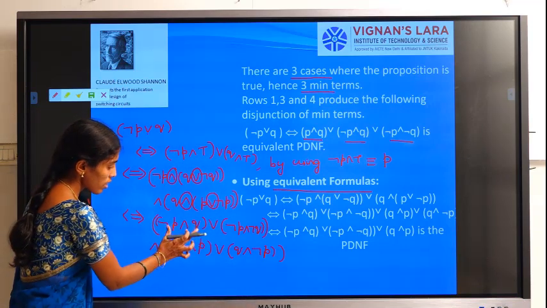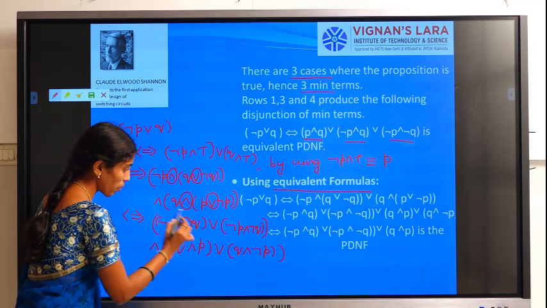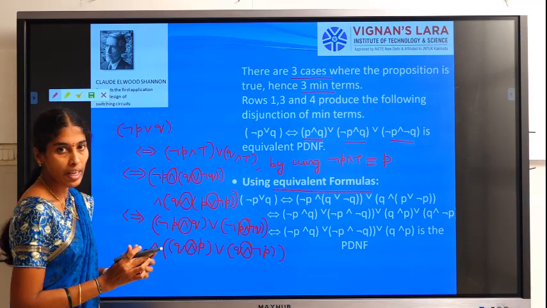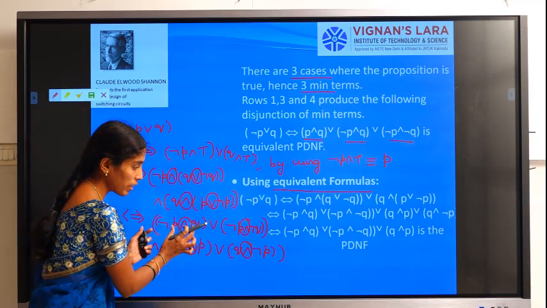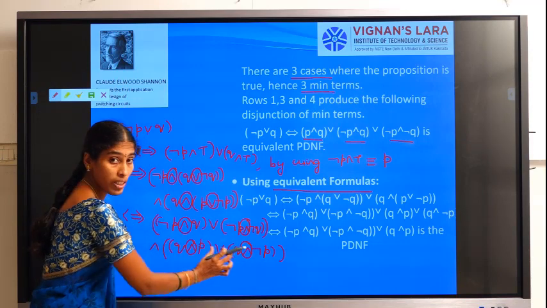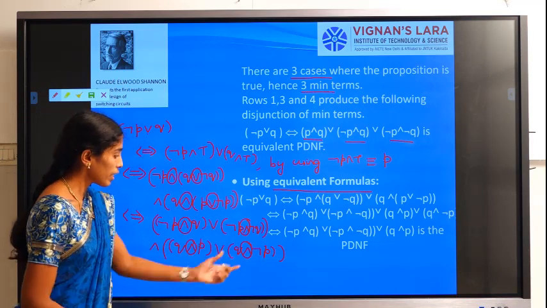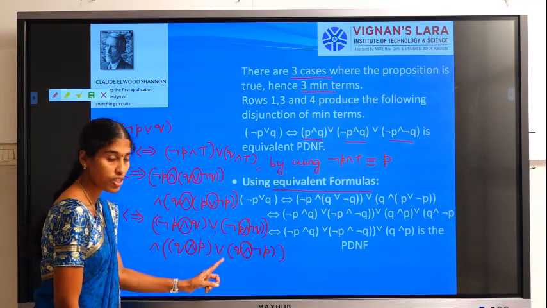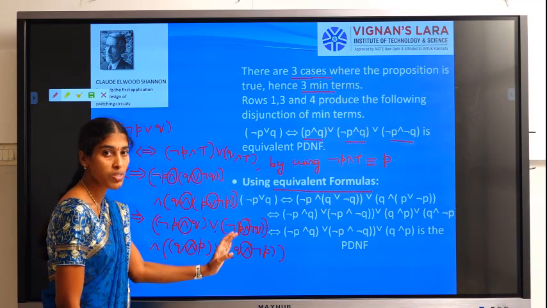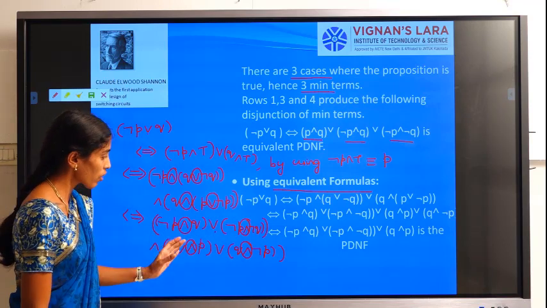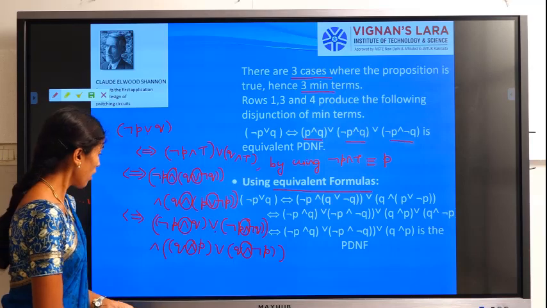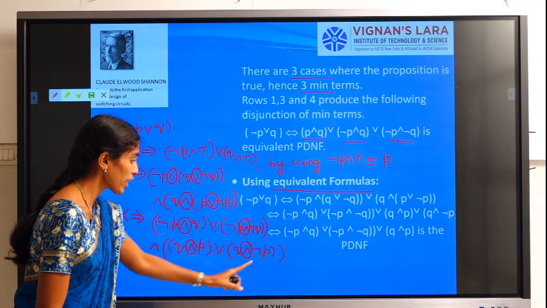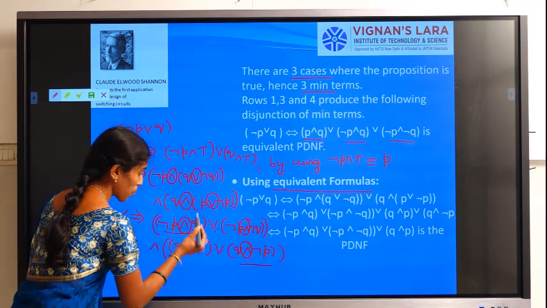So inside each parenthesis the symbol is AND. In between the variables the AND symbol is there, which means it is a min term. Again the second one is a min term, the third one is a min term, the fourth one is a min term. Each min term is joined by using the symbol OR. OR means disjunction. So a disjunction of min terms is nothing but the PDNF. Now check whether any term is repeated here. If we observe, negation P and Q, Q and negation P, both the terms are the same.